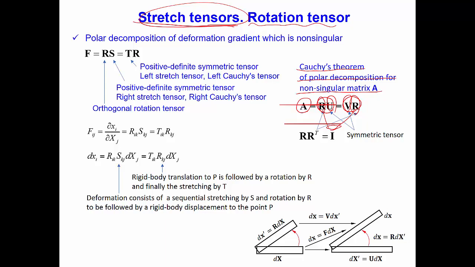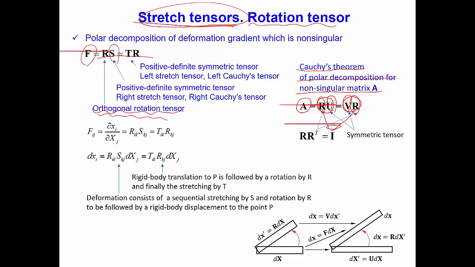Okay, when we apply polar decomposition to the deformation gradient F, which is of course non-singular, F can be expressed by RS or TR. R is an orthogonal matrix called the rotation tensor, implying that R governs the rotational motion of the material.